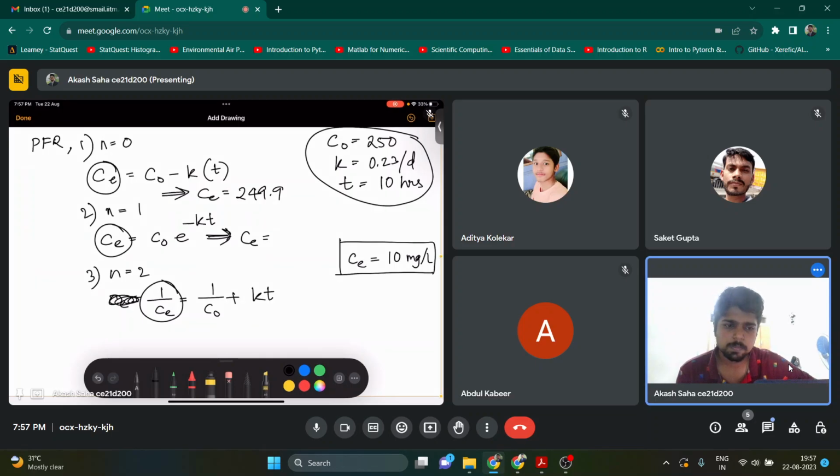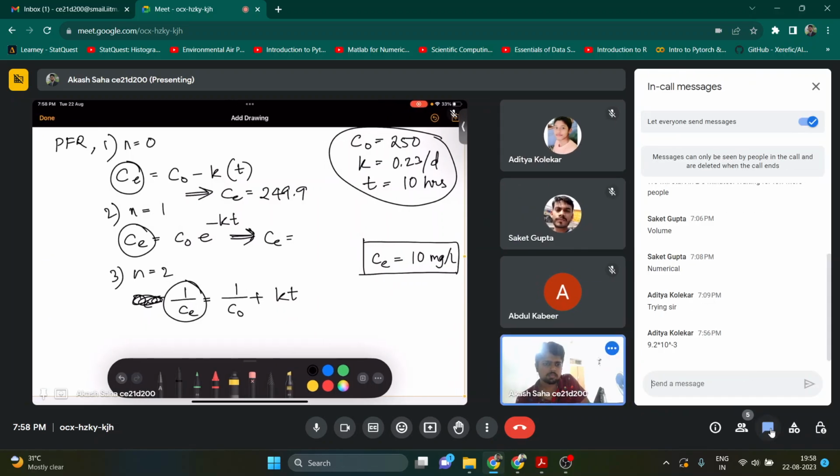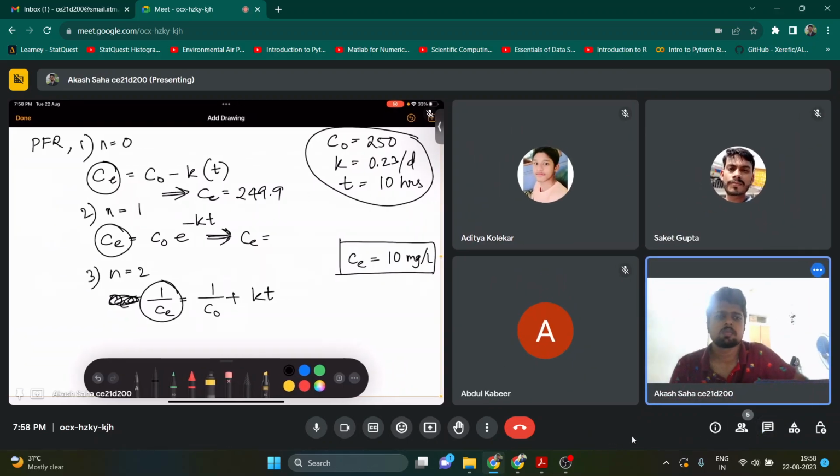What is C? 227, yes, 227. Again, it is not matching.